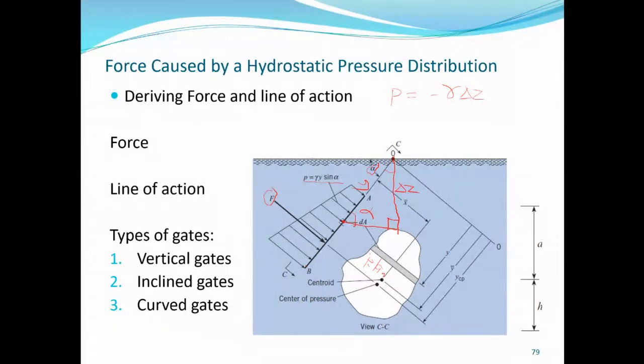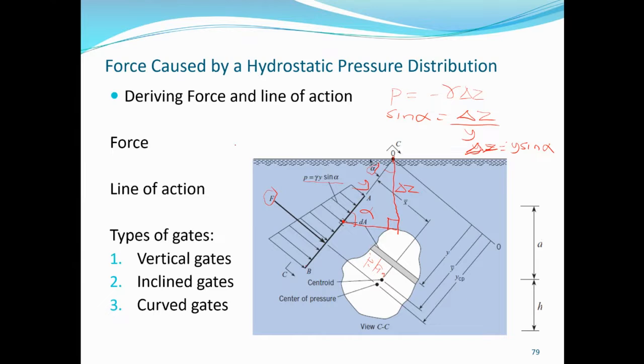So what is sine alpha here? Sine alpha is opposite over hypotenuse, isn't it? Delta z over y. So delta z is equal to y sine alpha. And delta z is the height, isn't it?